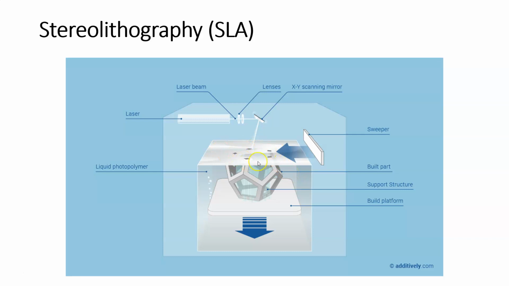As each layer is solidified, the build platform is going to move down one layer in thickness. The sweeper is going to sweep across the top of the reservoir just to make sure that there's nothing sticking out, no solidified material that's sticking up, that would cause problems. And then it's going to continue again with another layer.